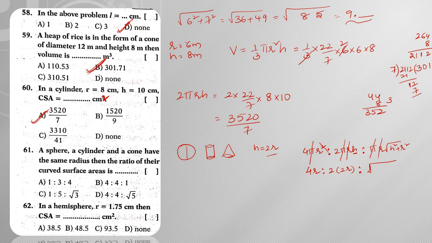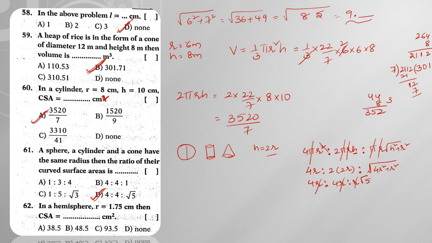Height is nothing but 2r, no? So this can be written as 4r square plus r square. Now again this I can write as 4r is to 4r is to r into root 5. From all the things I can cancel out r. So 4 is to 4 is to root 5 is my answer.